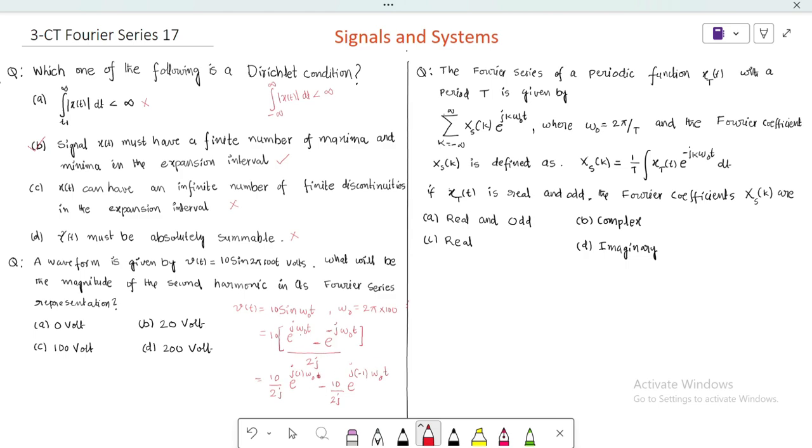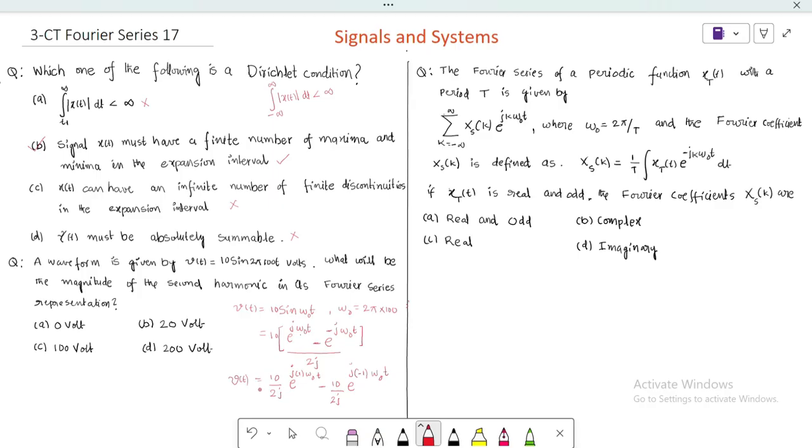This is the Fourier series representation of v of t, with the coefficients at k equal to 1 and k equal to minus 1. So k equal to 1 is the first harmonic, and k equal to minus 1 is also the first harmonic, on the negative side.